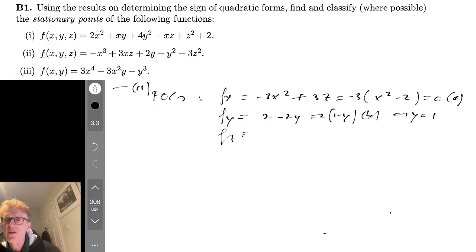The f dz is 3x minus 6z, which is 3x minus 2z is 0.